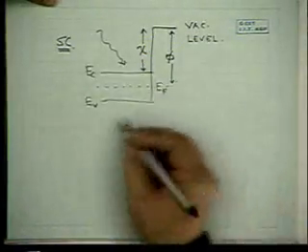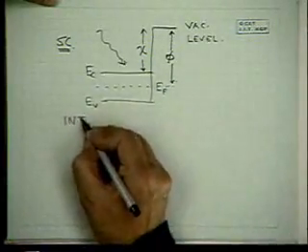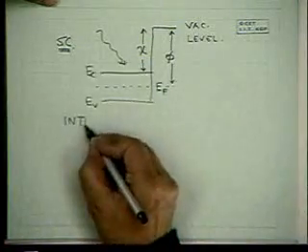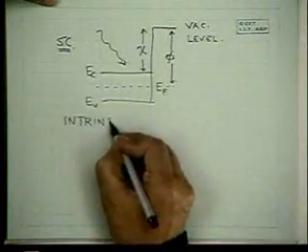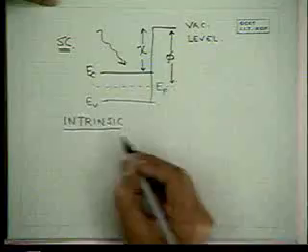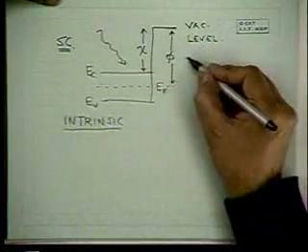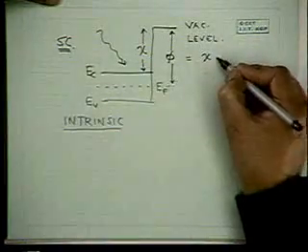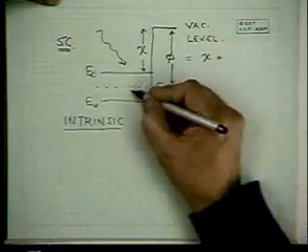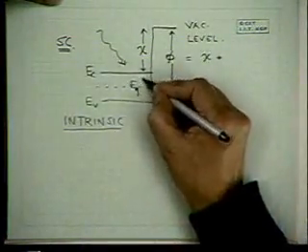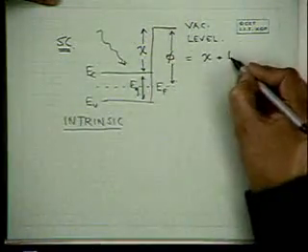If you take an intrinsic semiconductor, such as this, the Fermi level is in the middle. The work function phi is obviously equal to chi plus, in this case, Eg by 2.